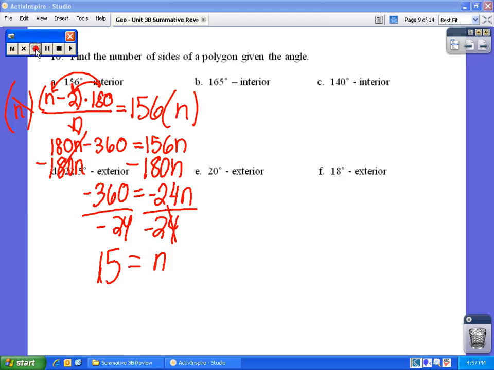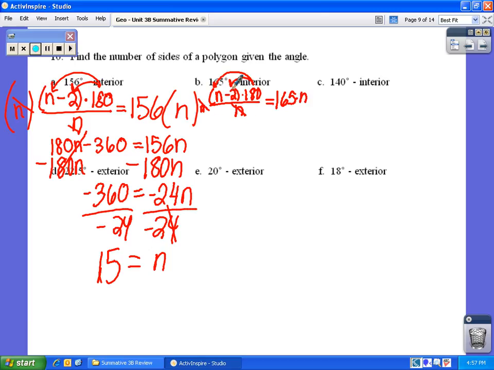I'm going to do the same thing for b and c. Set n minus 2 times 180 divided by n equal to 165. Multiply by n on both sides. These n's cancel out. Next, I distribute the 180 to everything inside the parentheses. 180n minus 360 is equal to 165n.